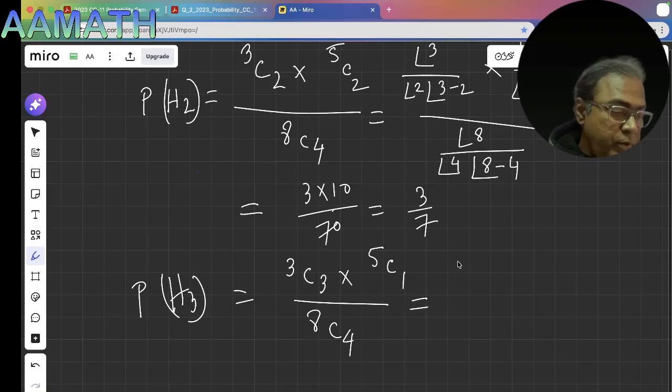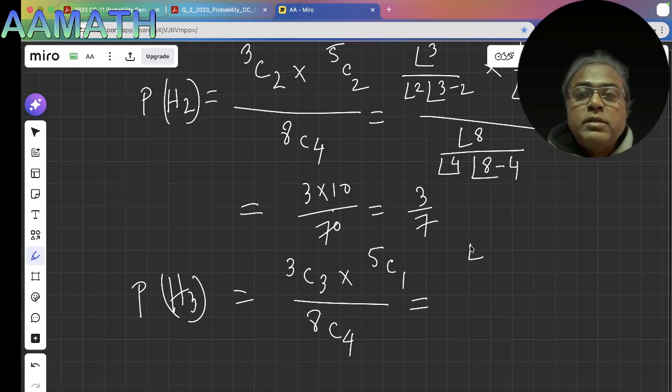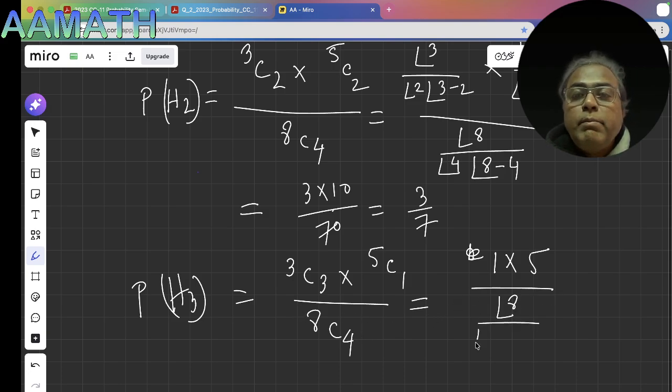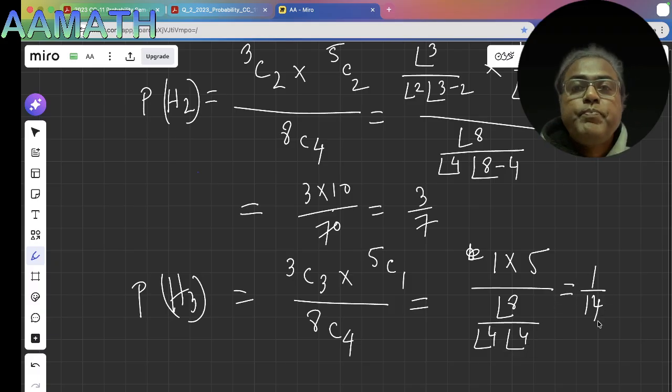After simplification, we get 3C3, that is 1, into 5C1, that is 5, whole divided by 8C4. 8C4 is factorial 8 by factorial 4 into factorial 4. After simplification, you get 1 by 14.